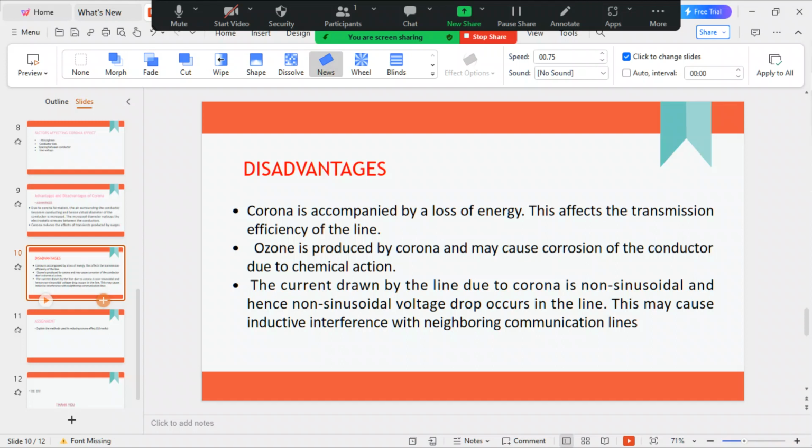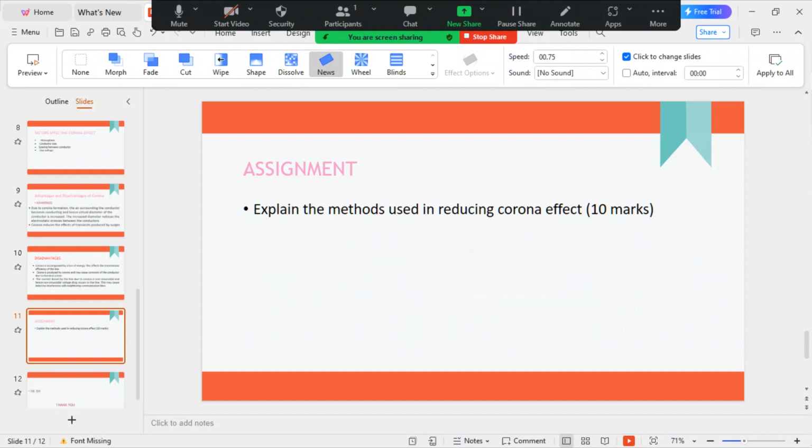This may cause inductive interference with neighboring communication lines. For instance, if we have a transmission line passing at a certain place, and we have a communication line, when the corona effect takes place, it affects the communication line.